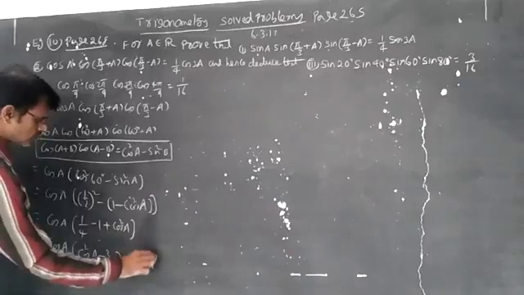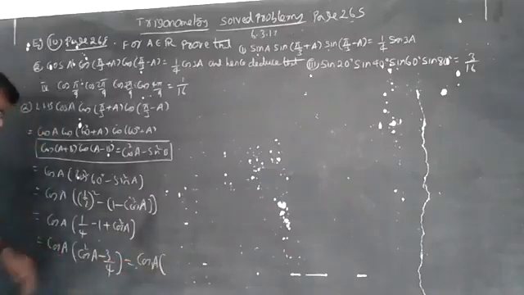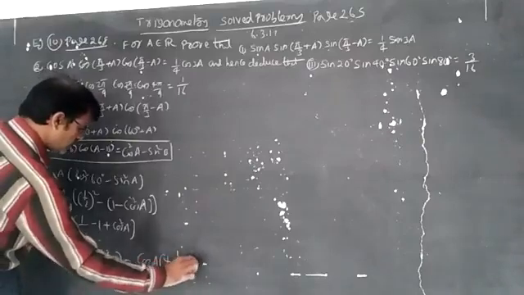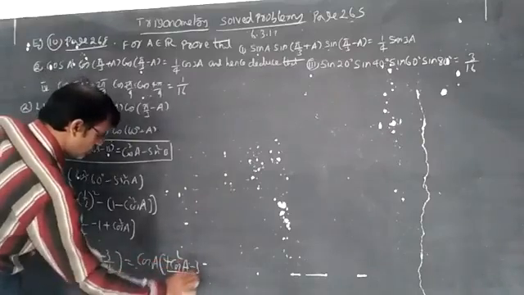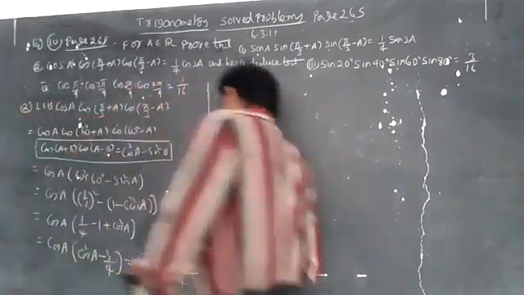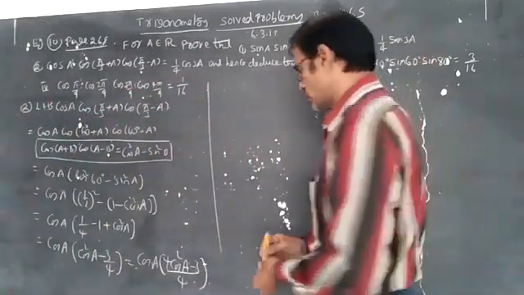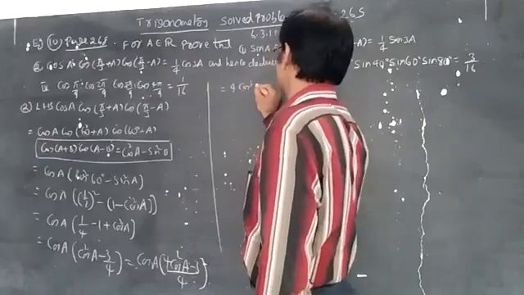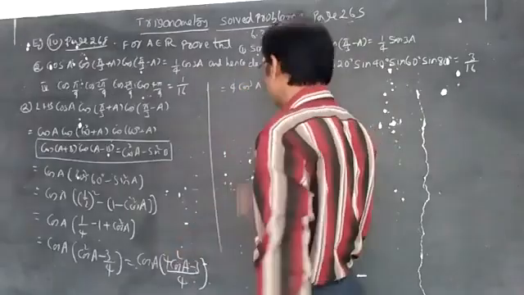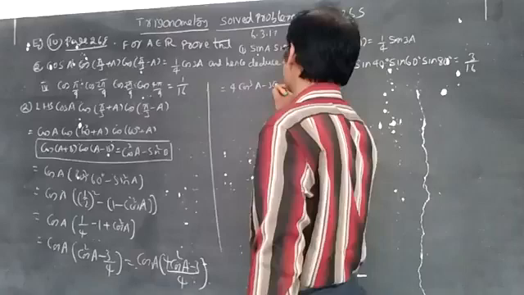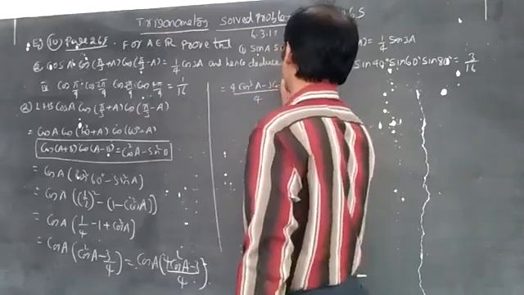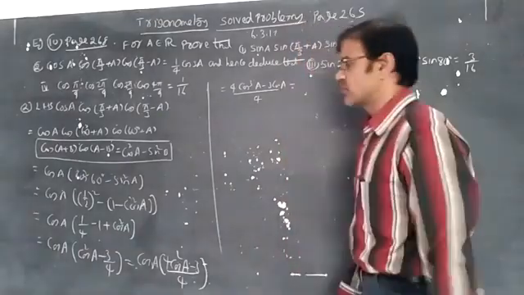That is equal to cos A into, take an LCM here, (4cos²A − 3)/4. Multiply with cos A, so (4cos³A − 3cos A)/4.